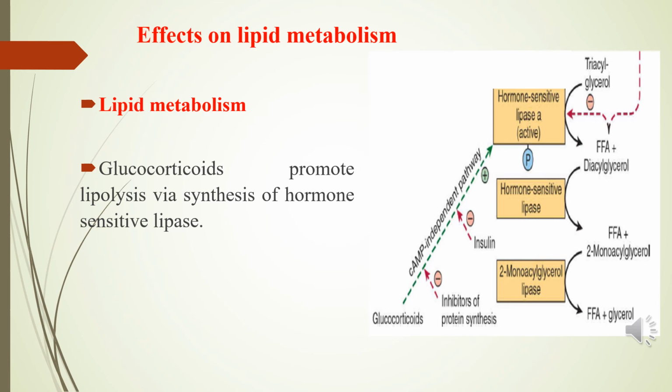A third point for the glucocorticoids is their effect on lipid metabolism. Glucocorticoids promote lipid degradation, the process of lipolysis, via the synthesis of the hormone sensitive lipase protein by a cyclic AMP independent pathway as shown in the figure, and this effect is inhibited by insulin and also by promoting transcription of genes involved in the cyclic AMP signal transduction cascade.